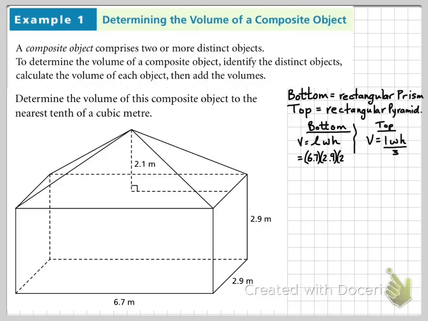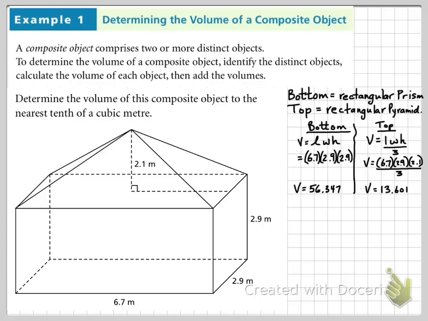Therefore, the bottom is 6.7 times 2.9 times the height of 2.9, and the top is the length times the width, 6.7 times 2.9, times the height of the pyramid, 2.1, divided by 3.